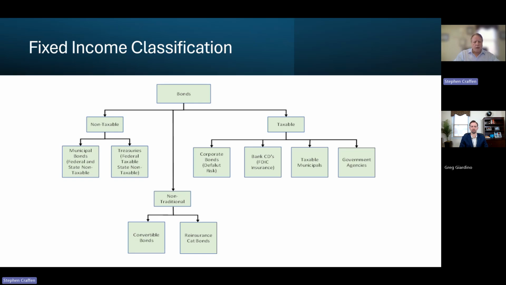We have the default risk there. CDs, which are generally protected by the FDIC. Taxable munis, which can have a use depending, and also government agencies. But the non-traditional bonds include convertibles, which we're going to cover today, and also reinsurance catastrophe bonds. So let's talk about those next.